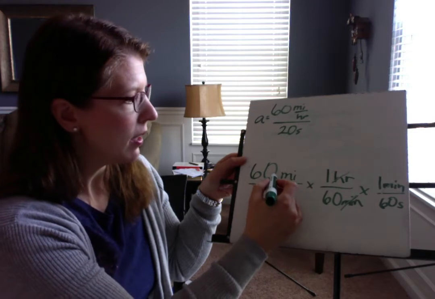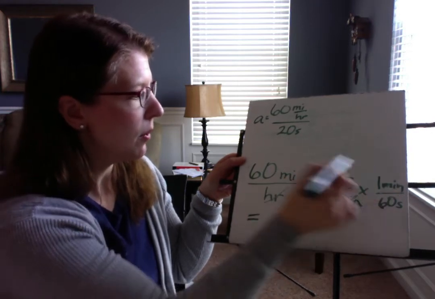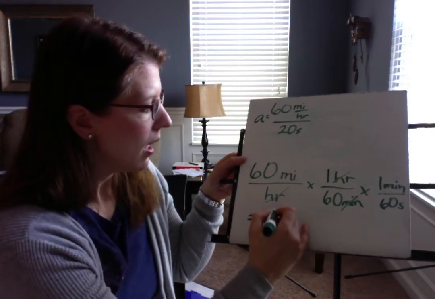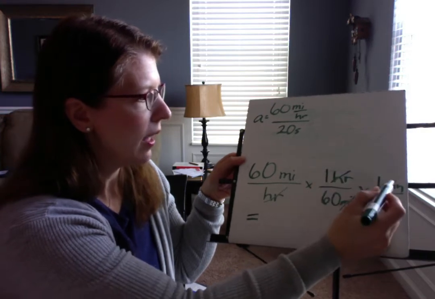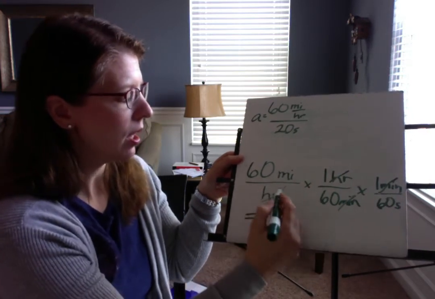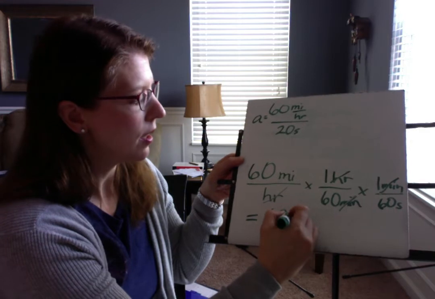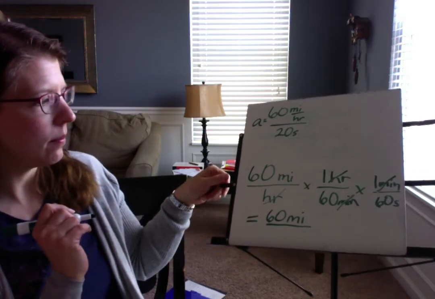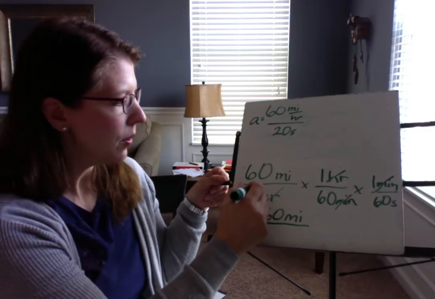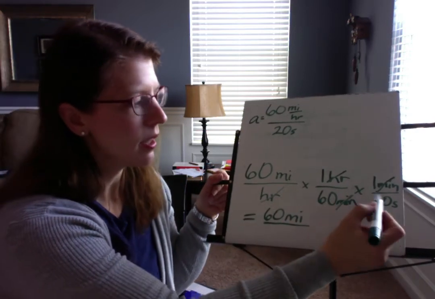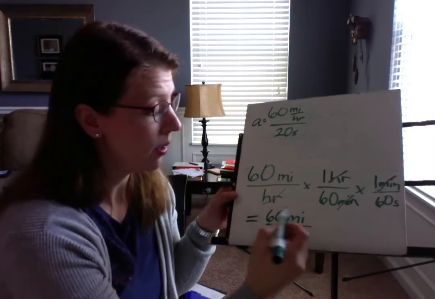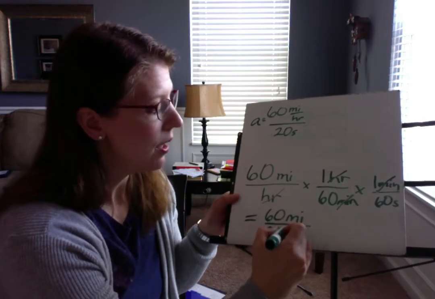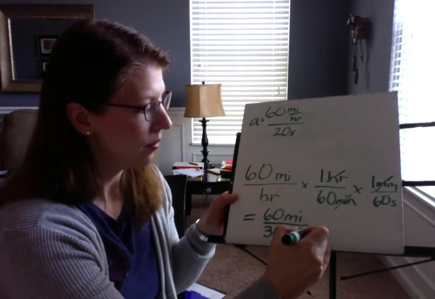I still have my 60 up here. 60 times 1 times 1. And my units, that canceled and that canceled. So my units on top are still miles. 60 miles. Then what do I have here on the bottom? Well, this was 1 hour times 60 times 60. What's 60 times 60? Well, 36 with 2 zeros.